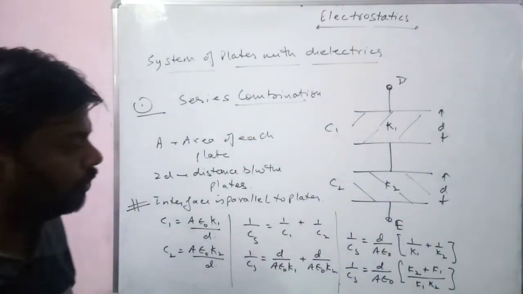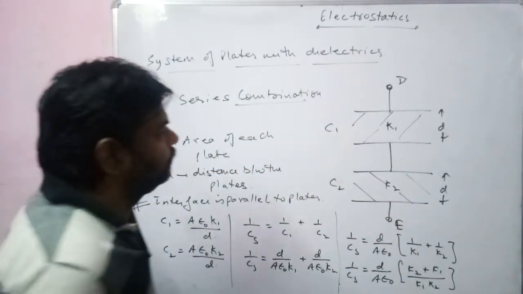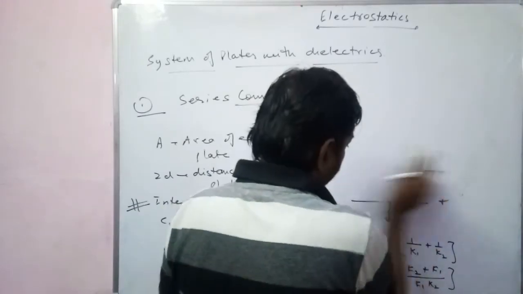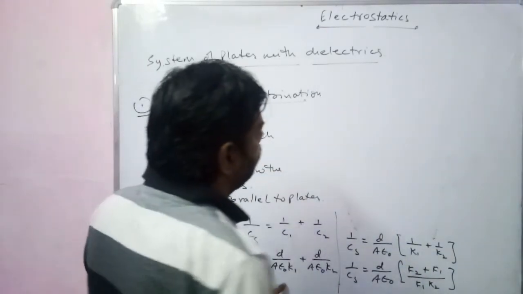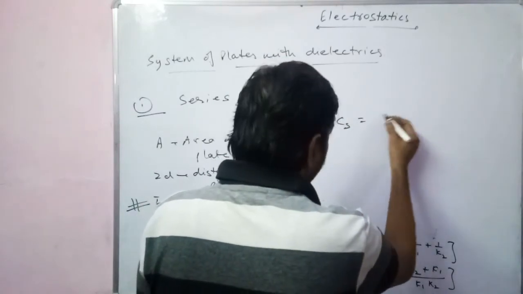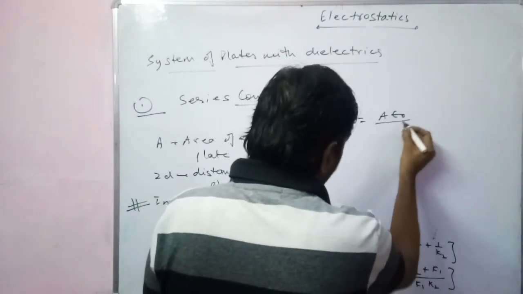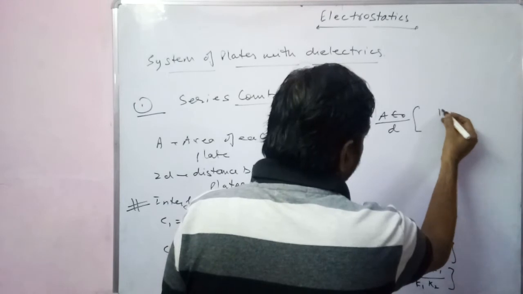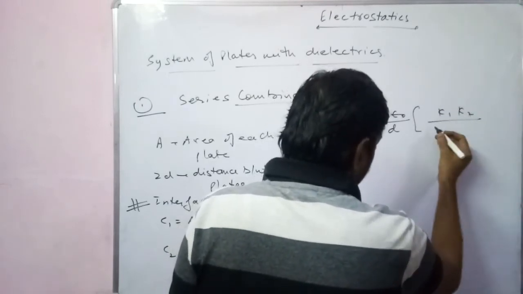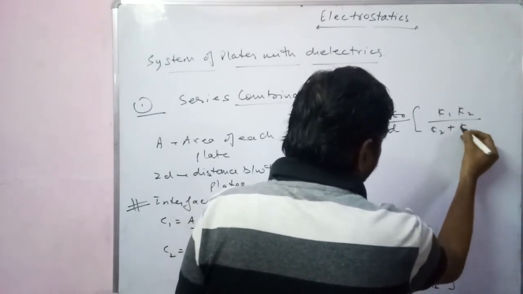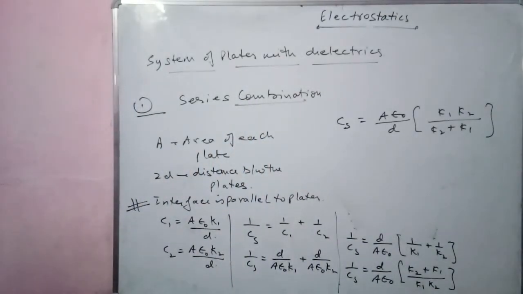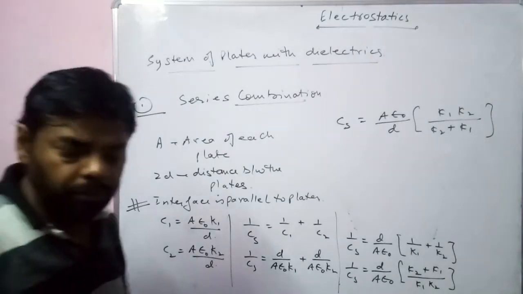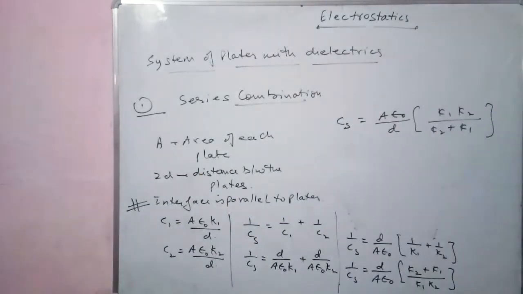So CS is written as A epsilon naught by d into K1 K2 divided by K2 plus K1. Fine. This will be the result.